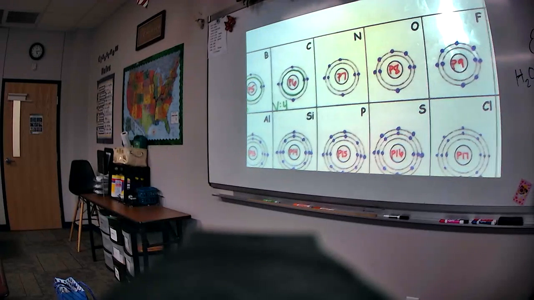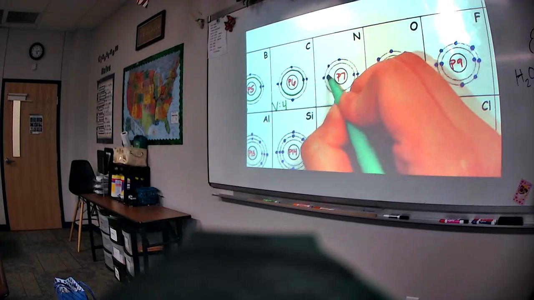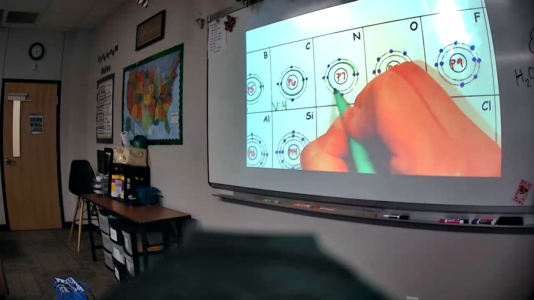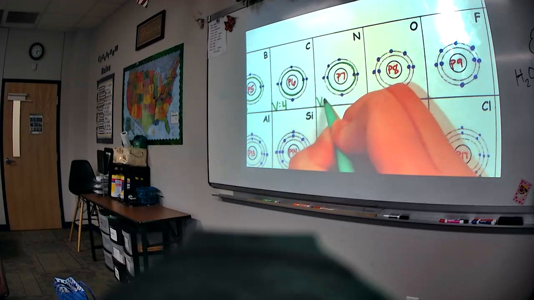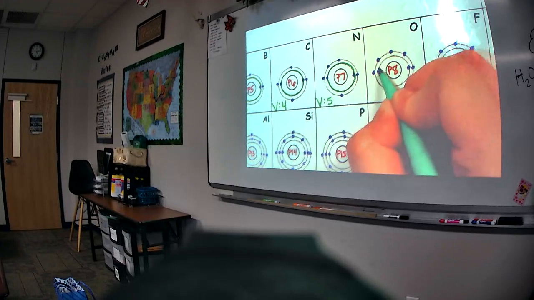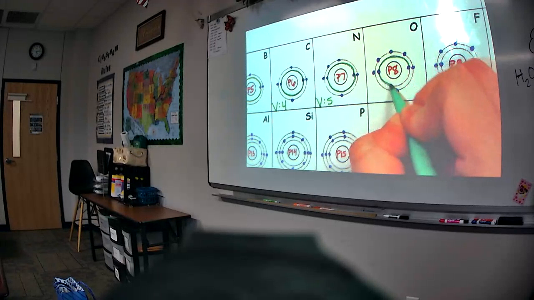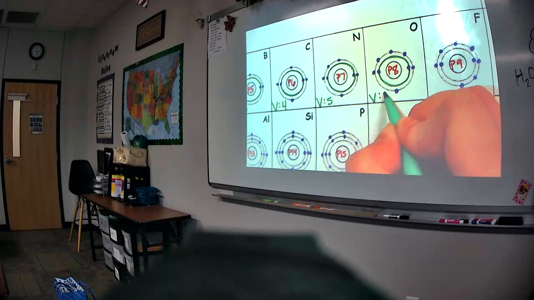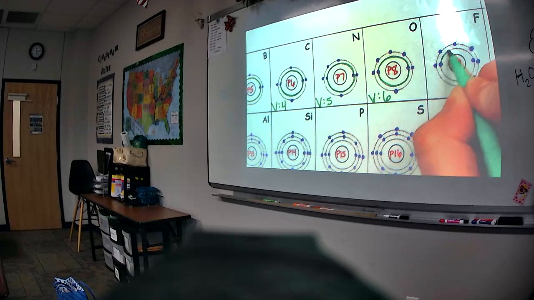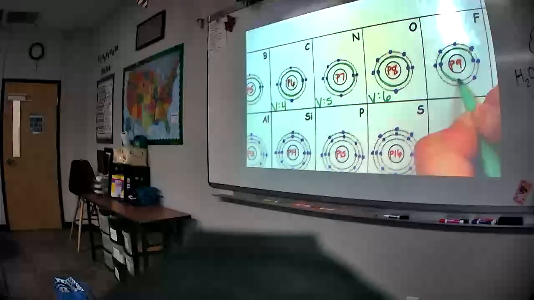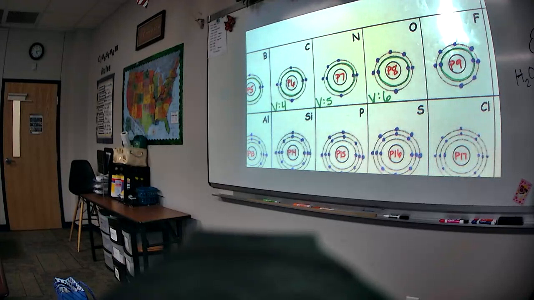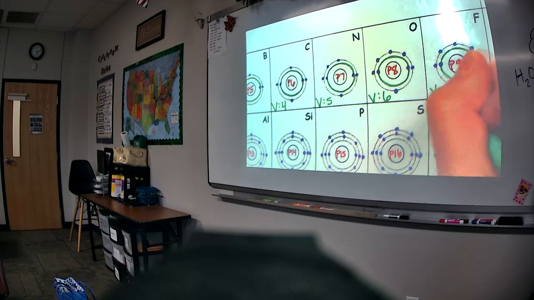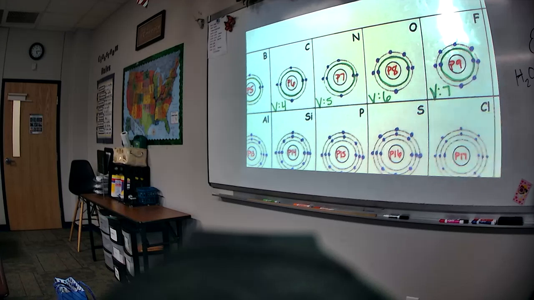Now finish up the whole rest of the row. Nitrogen has a full first shell with 5 valence electrons. Oxygen has a full first shell with how many valence? 6. Fluorine has a full first shell with how many valence? 7. Good. And then neon, here's where things get funky.